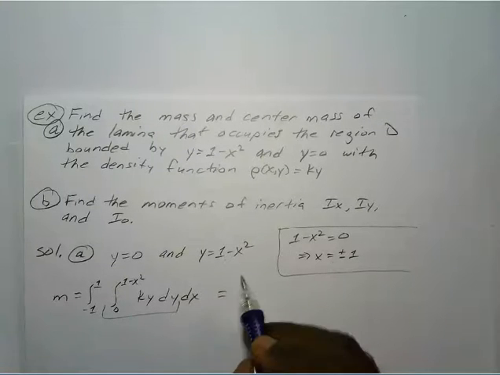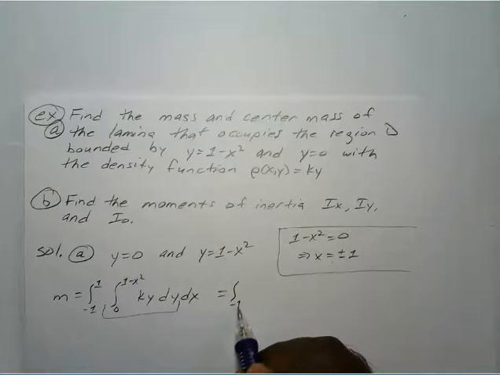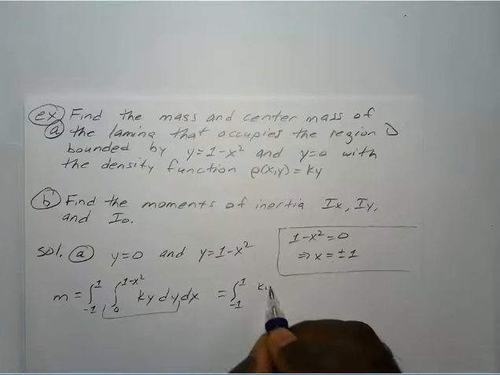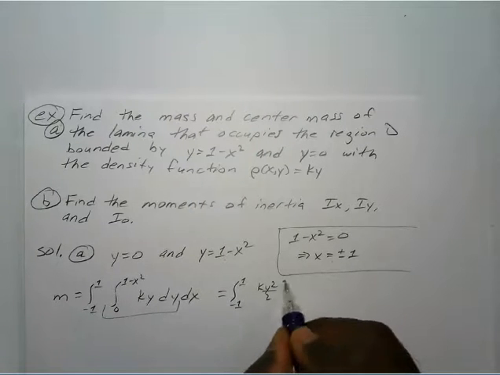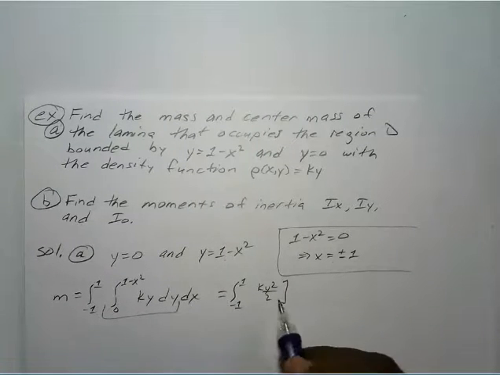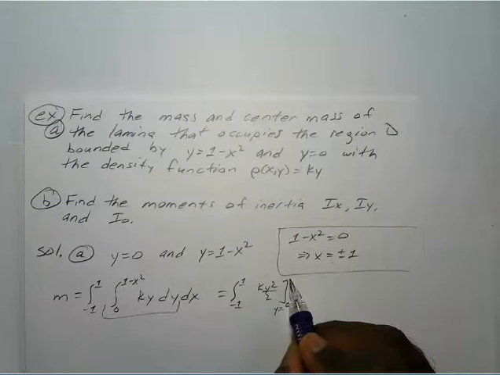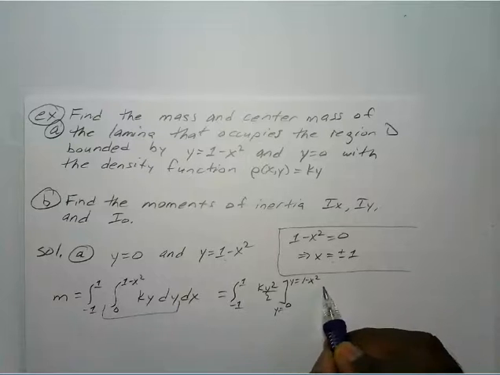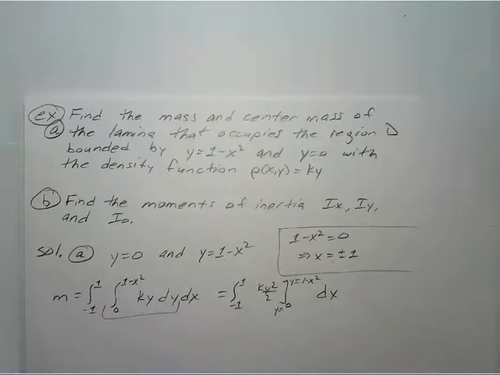So that's going to give us the integral from negative 1 to 1. With respect to y, that's just y squared over 2, so that's k y squared over 2, from y equals 0 to y equals 1 minus x squared, dx.